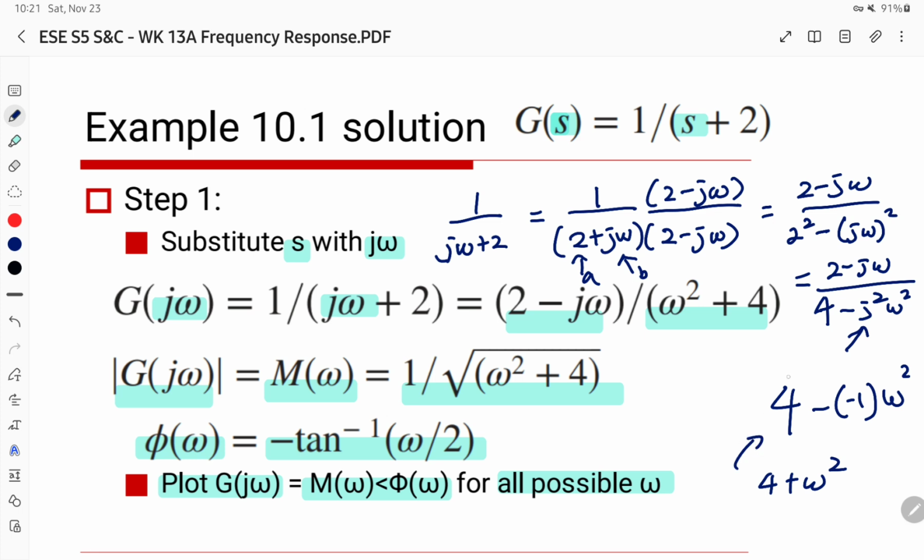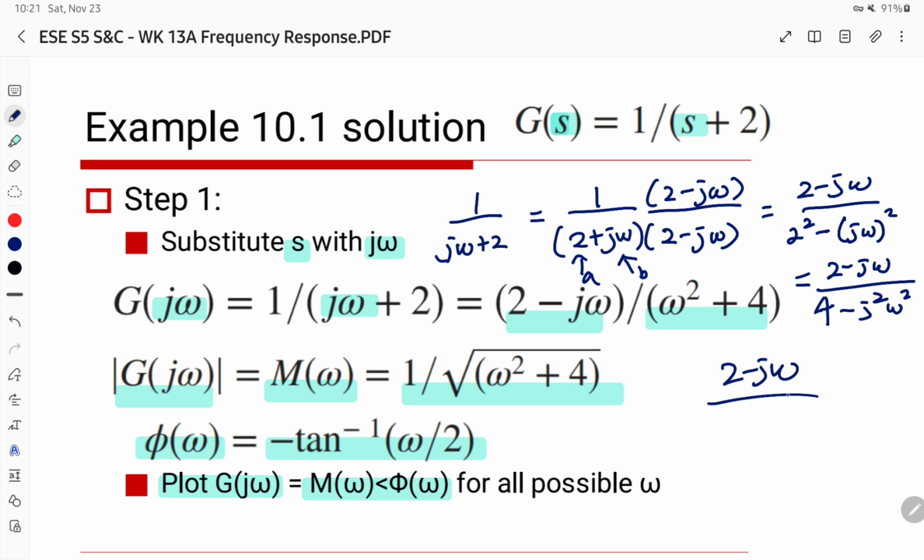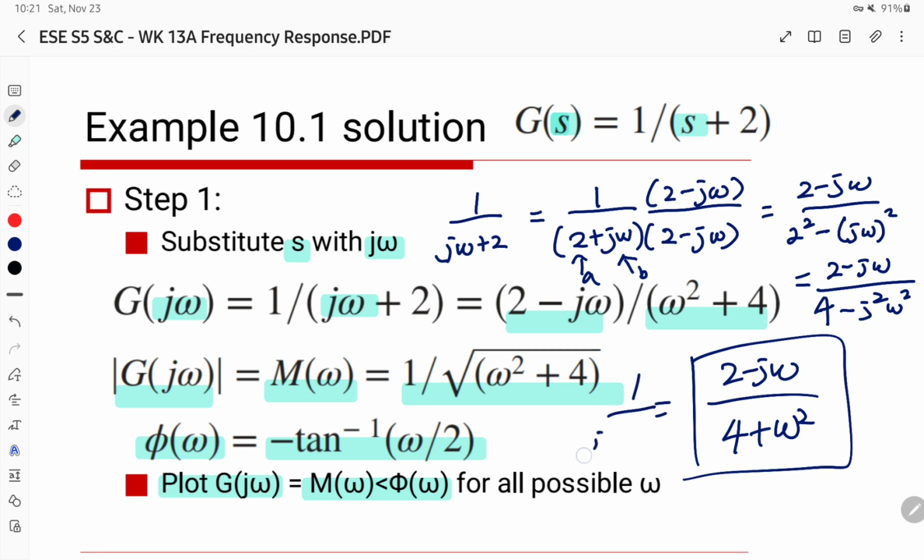So you end up having 2 minus j omega over 4 plus omega squared. That is the same as 1 over j omega plus 2, because you're multiplying both top and bottom by the same thing. You're literally multiplying the whole system by 1.